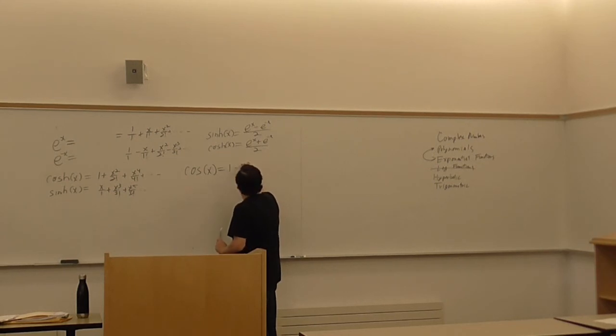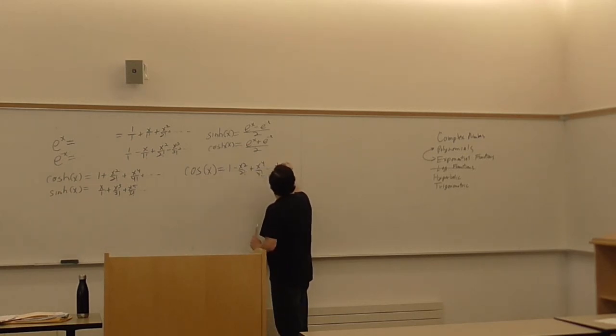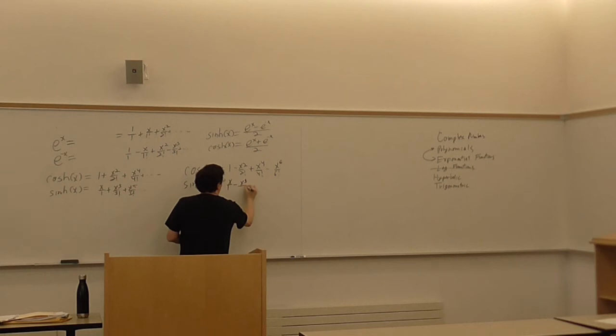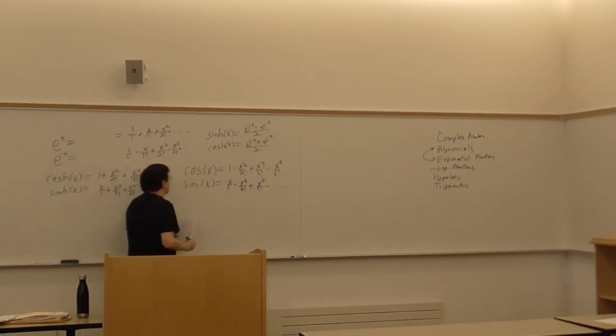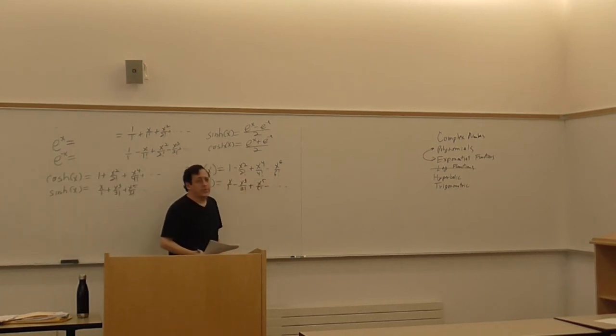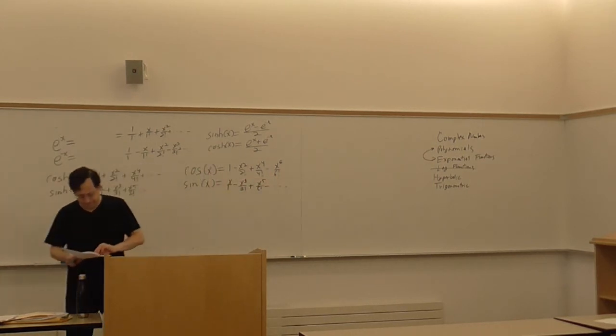It's 1 minus x squared over 2 factorial, plus x to the 4th over 4 factorial, minus x to the 6th over 6 factorial. And the sine of x is equal to x over 1 minus x cubed over 3 factorial, plus x to the 5th over 5 factorial, minus and so forth. In other words, these series look almost the same, except here every other term happens to be minus.